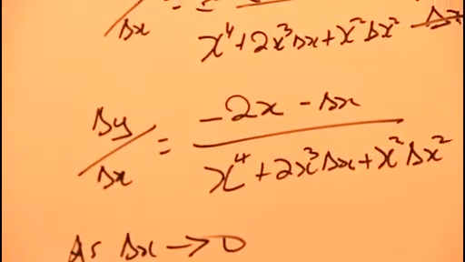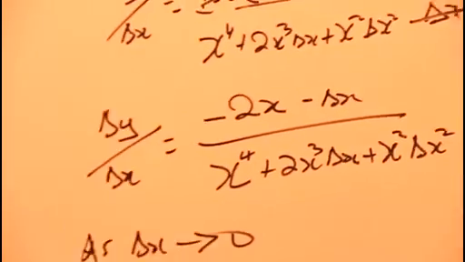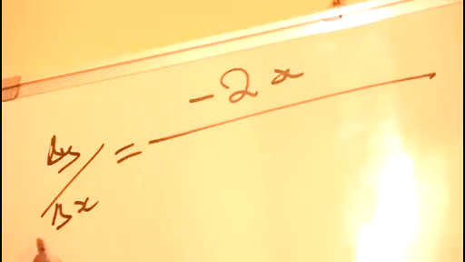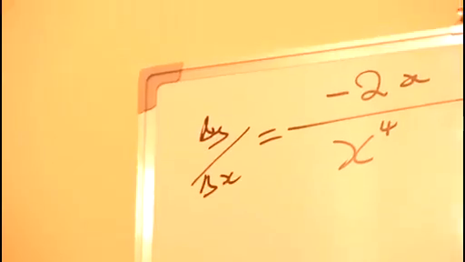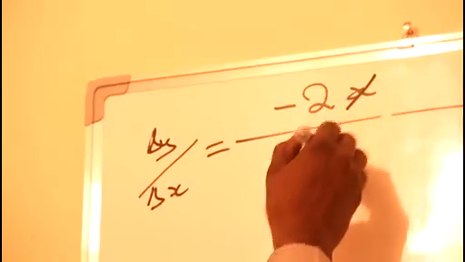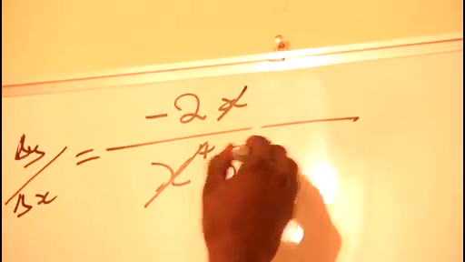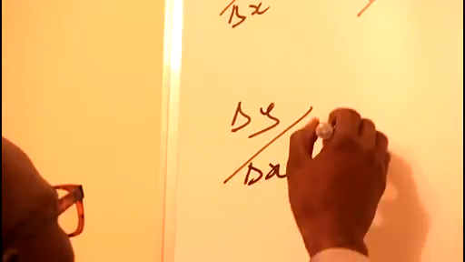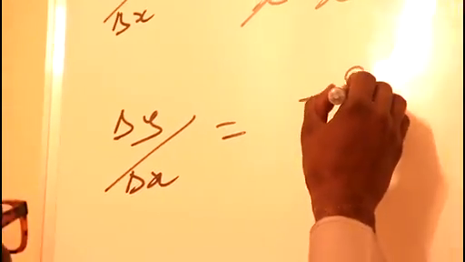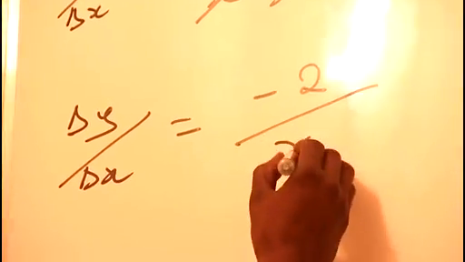Δy over Δx will be equal to, this place will be 0, we are left with minus 2x all over x to the power of 4. You will discover that this x will reduce this. Now we're left with x to the power of 3. So dy over dx will be equal to minus 2 over x cubed.